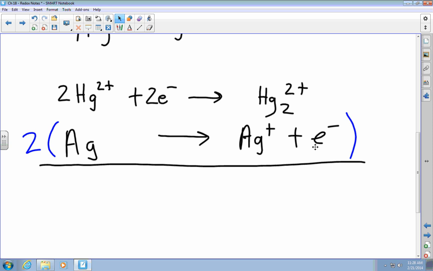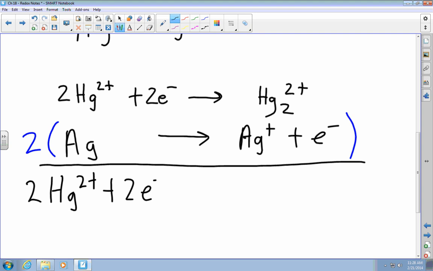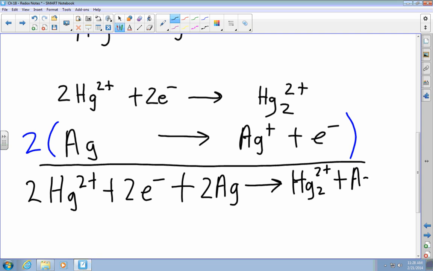So now if we add everything up, we've got Hg2 2+ plus 2 electrons plus 2 Ag yields Hg2 2+ plus 2 Ag+ plus 2 electrons.